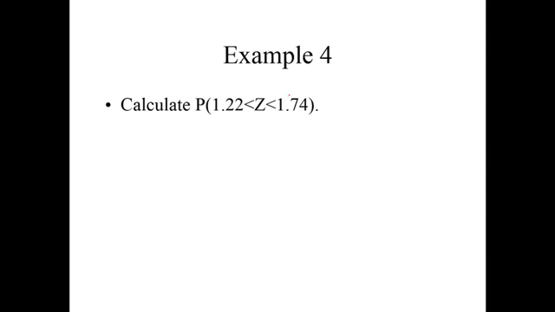Example 4. Again, I do not have 0 as an endpoint, and here both of my numbers are positive. They both have the same sign, and 0 is not between them, so I'm going to have to do something a little bit differently. Oh, what to do?